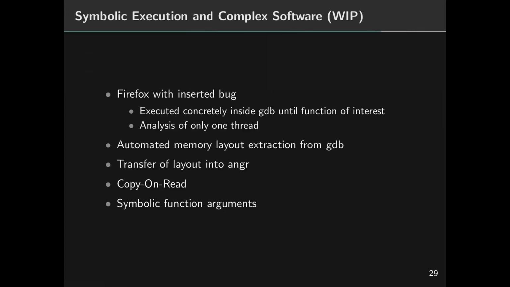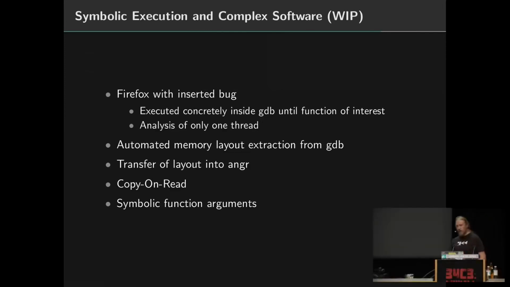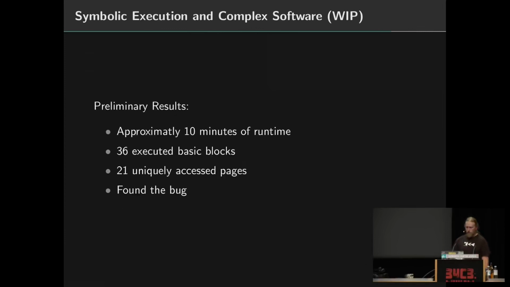So if angr accesses memory, it actually copies it from GDB to angr. The reason for that is that angr itself associates a lot of meta information with the data, and if we would dump the full memory contents into angr, this would exceed the amount of RAM we have present, at least on this machine. Furthermore, we symbolize the function arguments and start our symbolic exploration.